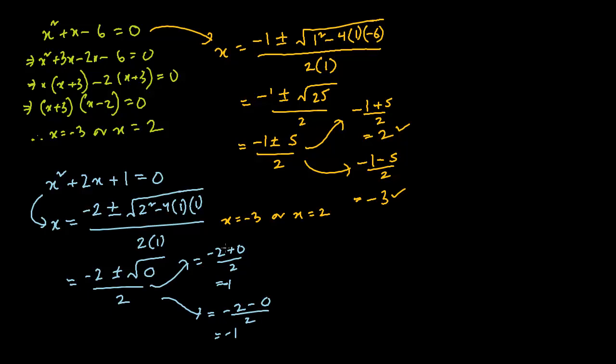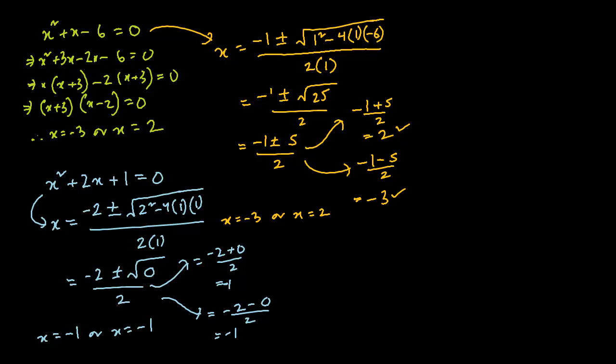You see, since it doesn't matter whether we add a number with 0 or subtract a number with 0, we are getting two roots, but the roots are not different. They're the same roots, but we are getting two roots. So for the first example, we are getting two different roots. I'll call this two roots. Here we are getting one unique root. I'll call this one root.